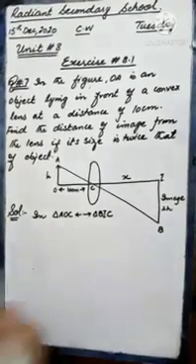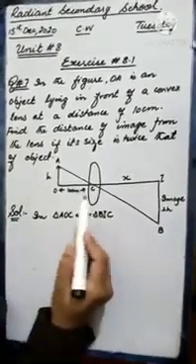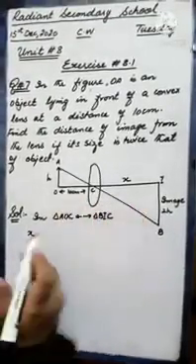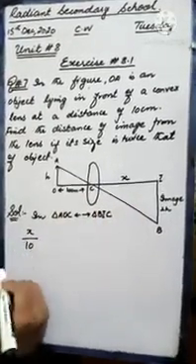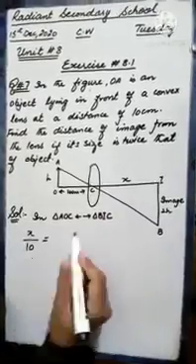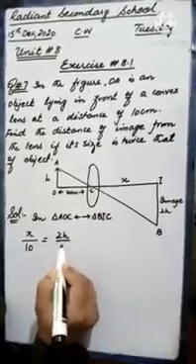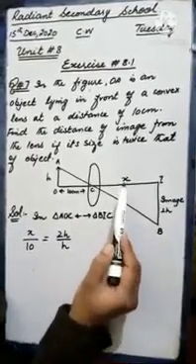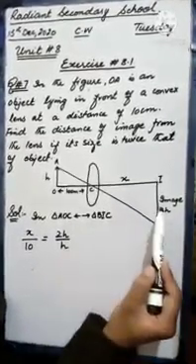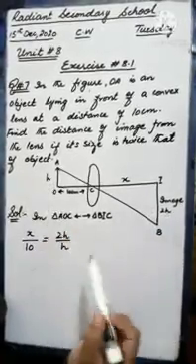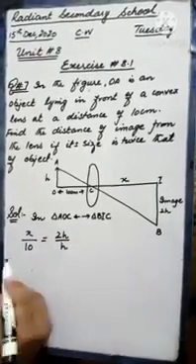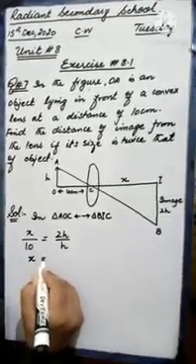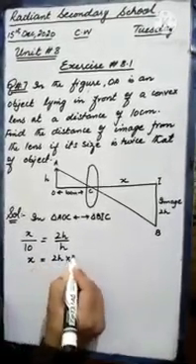So now if I am making the ratio, what will be the ratio? It can be X ratio 10 will be equal to 2H ratio H. This side and this side, I am taking this side first, so X ratio 10, and this ratio, 2H divided by H. So X divided by 10, 10 is dividing here, on the other side it will be multiplied.